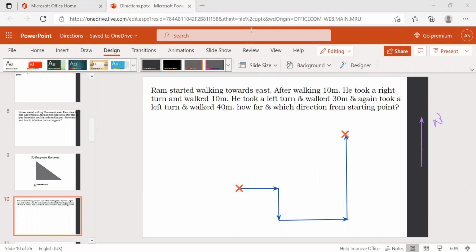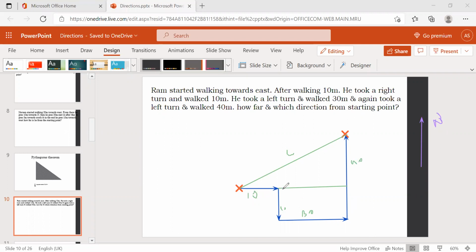I'll change the color. So from this point to this point, and from this to this point. Now check this one. This is just like Pythagoras theorem, right? So we need to find out this value. This value is 10 meters, and this is 10 meters, and this is 30 meters, and it is totally 40 meters, right?